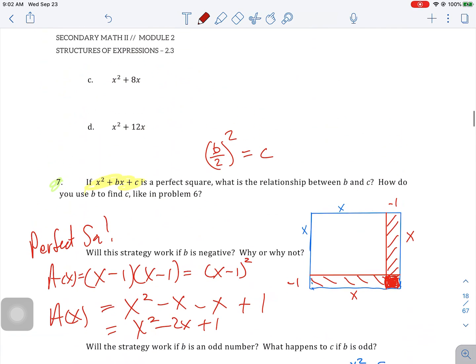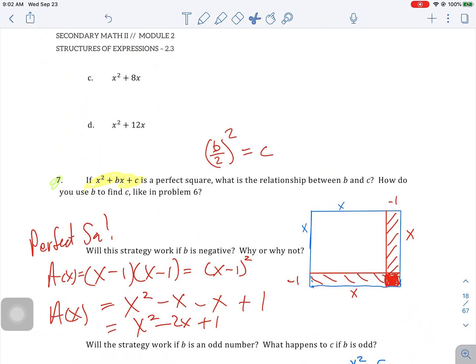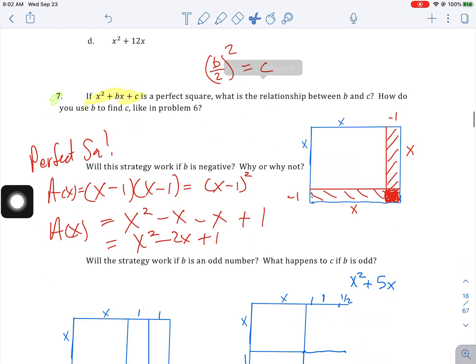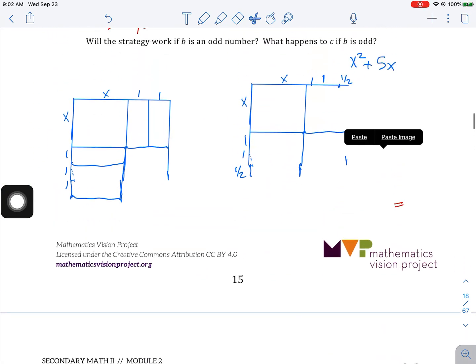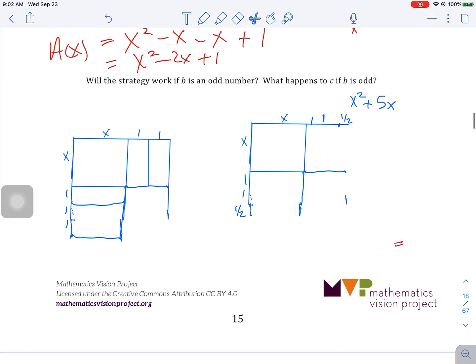Okay, what about if b is an odd number? So looking here, ax squared plus bx plus c, if b is odd, would b divided by 2 squared equal the c term? Well, a little tougher on the modeling, right? Let's say your area is x squared plus 5x, so that's odd.